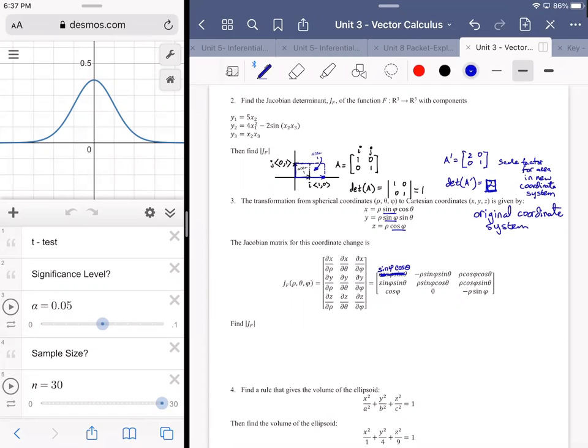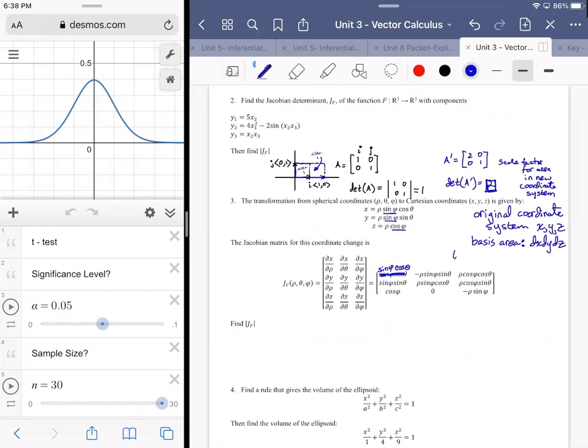But when we're looking at a triple integral, we're really looking at dx, dy, dz. So the basis area is going to be dx, dy, dz.